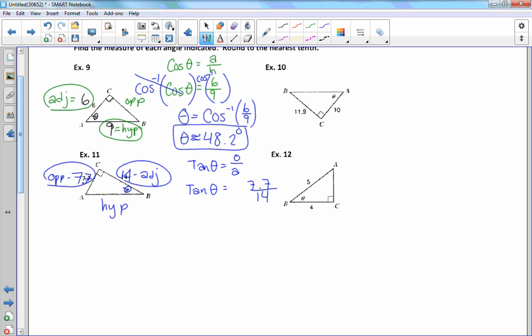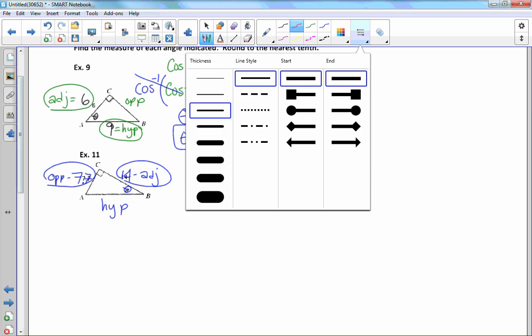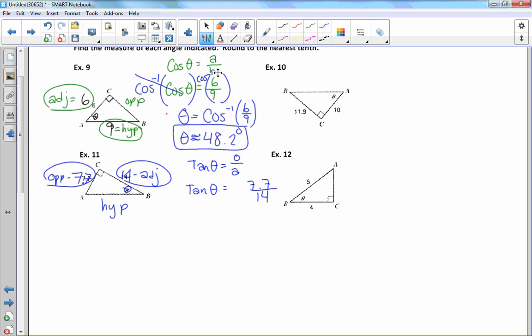This is not tangent times theta. This is tangent of theta. So what's the inverse of tangent to break theta free? Inverse tangent, yeah. Tangent -1, but you have to group the whole thing. So group the whole thing outside your tangent -1. This is not multiplying, this is tangent of theta.